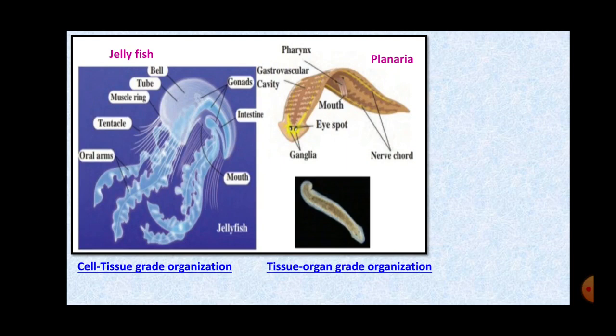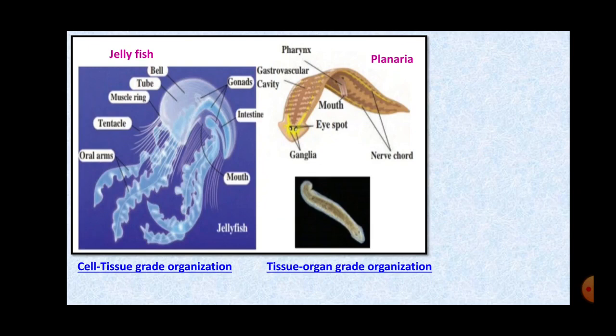Then in the second grade, that is your cellular grade organization, you have animals from Porifera to study. In the third grade, in your cell tissue grade organization, you have a phylum higher, that is Cnidaria. So this is how evolution has taken place, and the animals have become more and more developed than the previous ones.